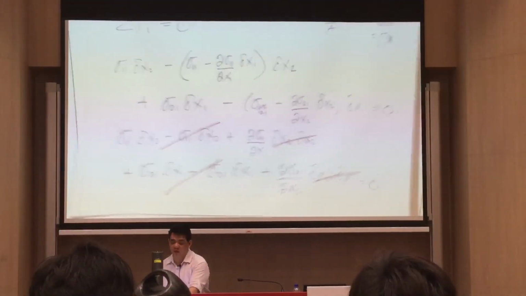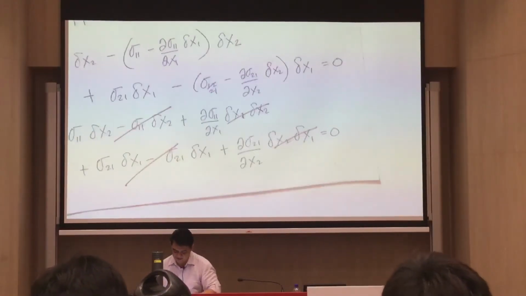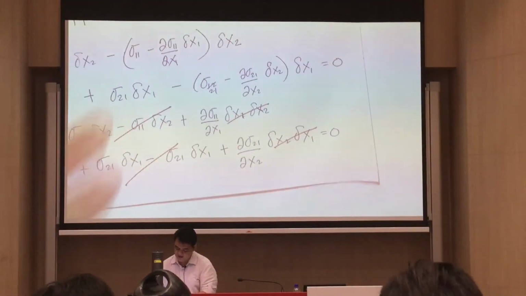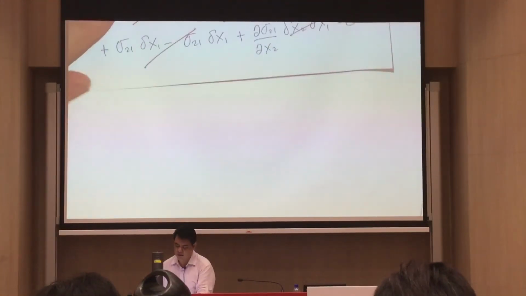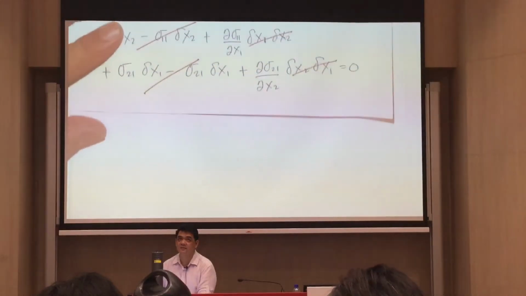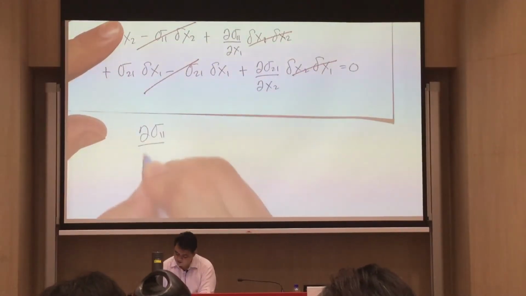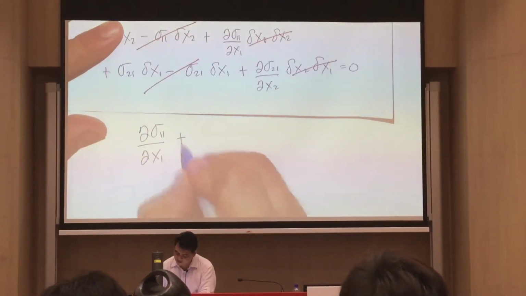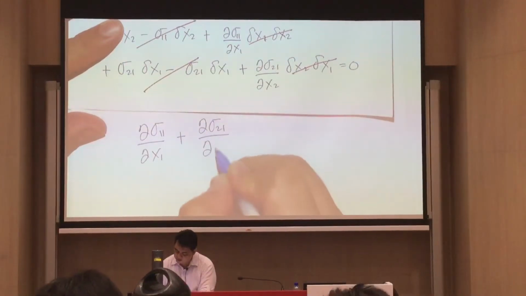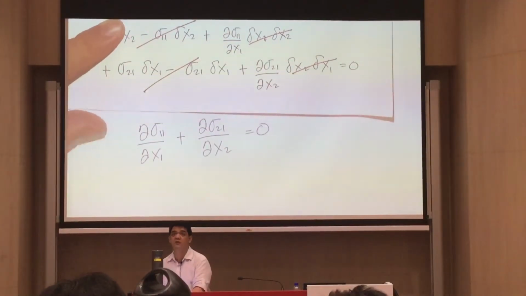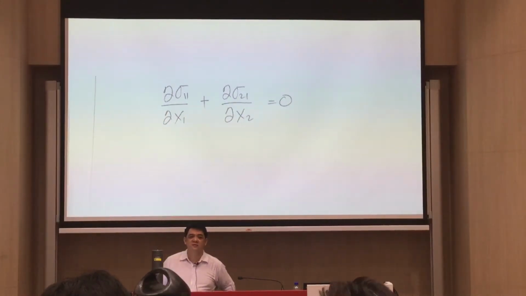So we end up with partial sigma 1,1 with respect to x1 plus partial sigma 2,1 with respect to x2. This is equal to 0. Yes?